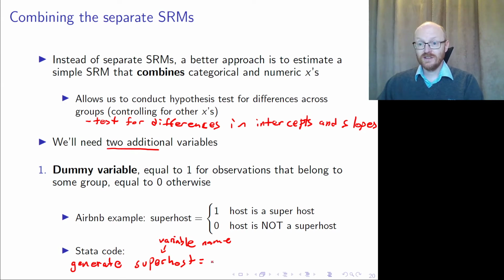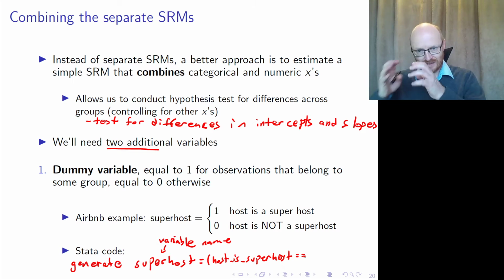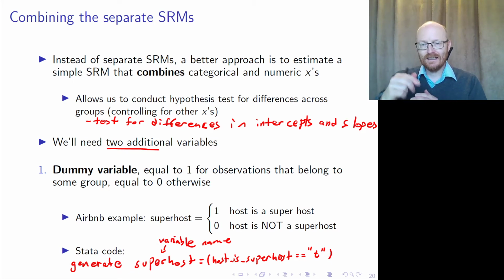Then you could write host is superhost, because this variable we actually have in our data set, and if this is equal to, remember, two equal signs, strictly equal to true, which is a T, then Stata puts a 1 into that row.